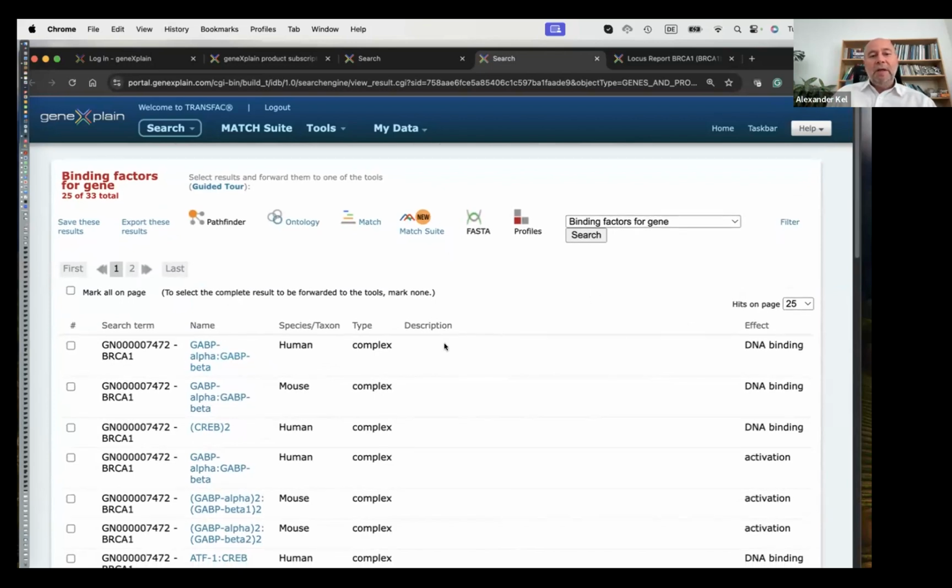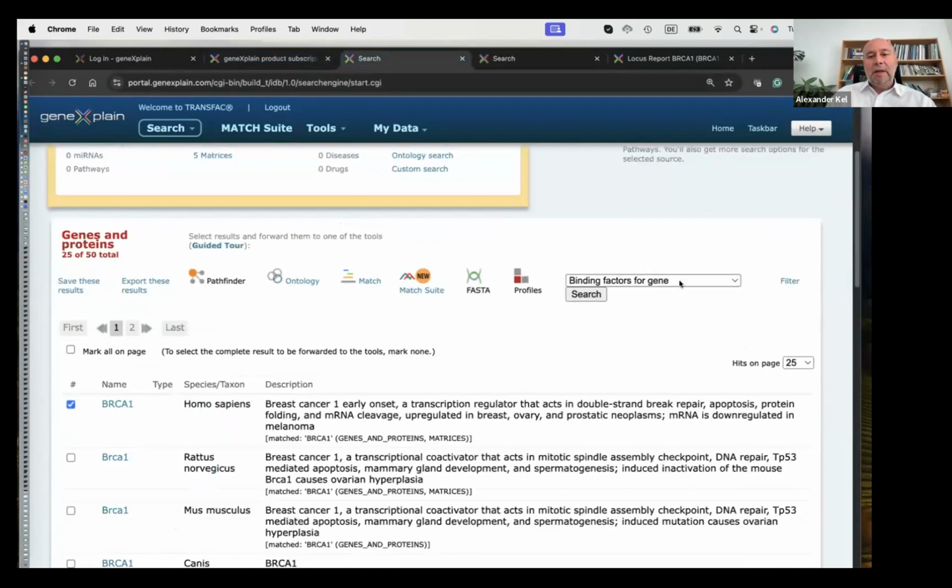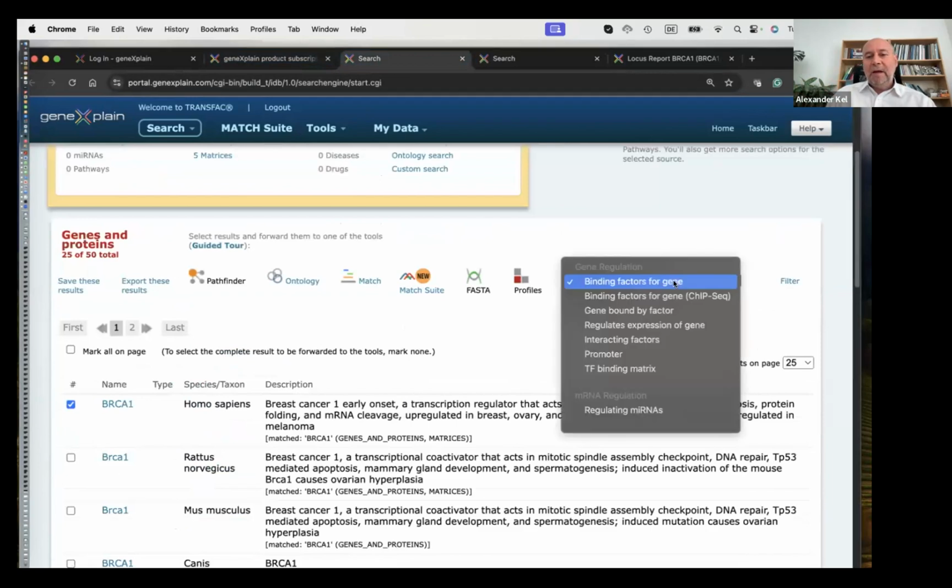Actually, we can even go further, selecting a gene which encodes a particular transcription factor, and ask this question again. But if you go back, there are a number of other things here. For instance, we can ask which transcription factors are regulating my gene or binding to the regulatory regions of my gene, which are known from ChIP-seq data.